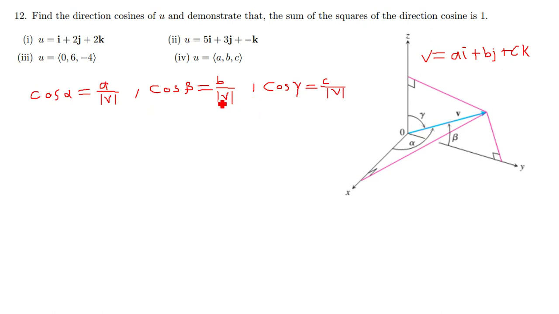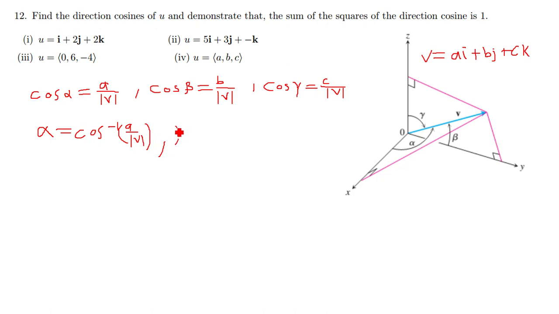And then if you've been told to find the direction cosine angles, when they add angles at the end, of any given vector, you simply make alpha the subject, meaning alpha will just be equal to the cos inverse of a over the magnitude of v. Same applies here.